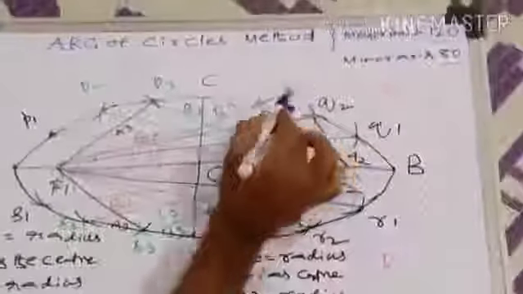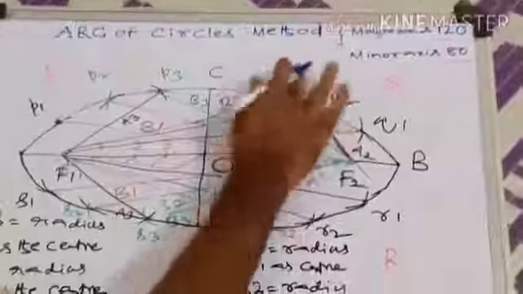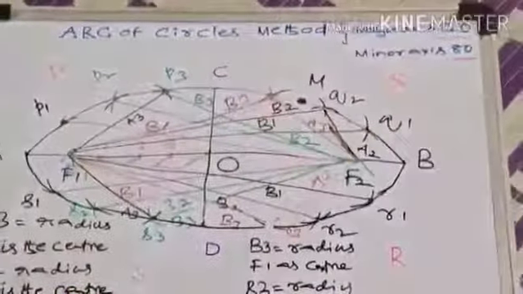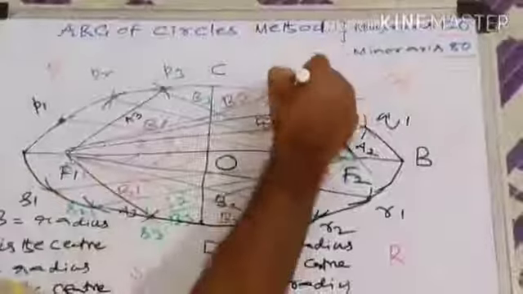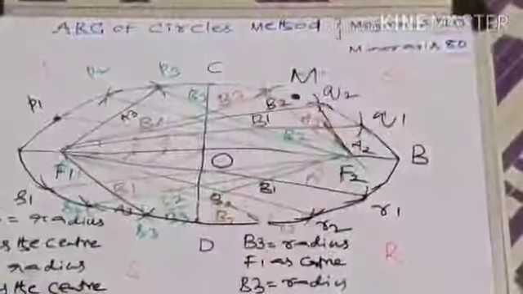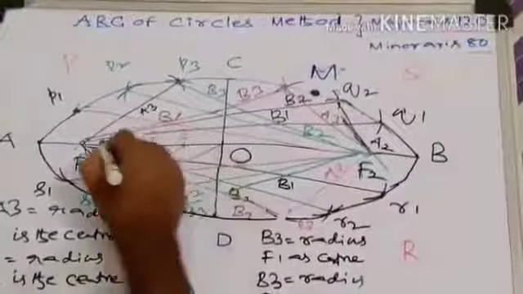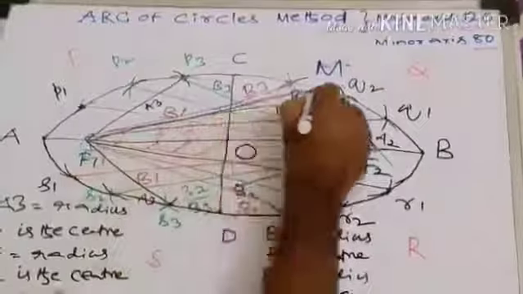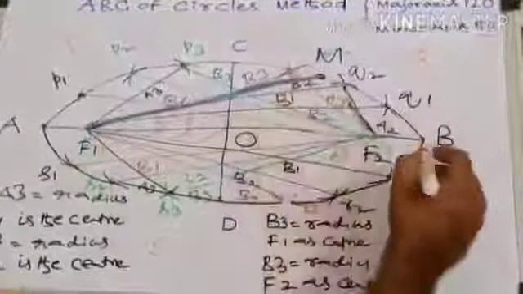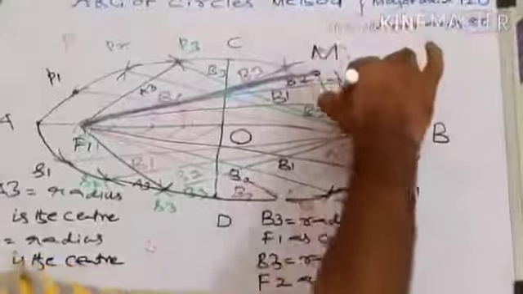This is the point I am choosing. This is going to be point M. M is going to be joined with F1. F1M is a straight line. F2M is going to be a straight line.